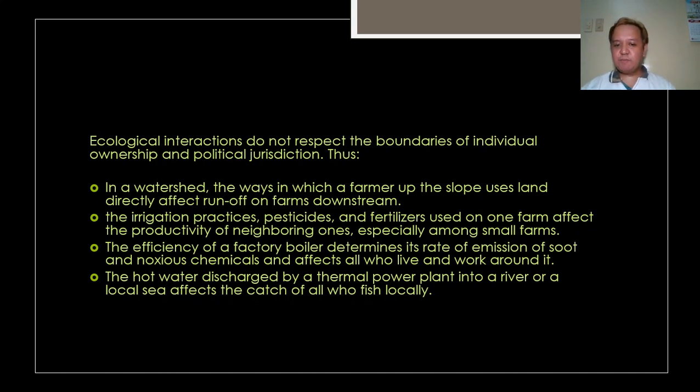The irrigation practices, pesticides, and fertilizers used on one farm affect the productivity of neighboring ones, especially among small farms. Totoo yan, no? Kasi mag-spread yan widely among the land. And sometimes yung cut-off ng mga downstreams, yung mga irrigation systems.